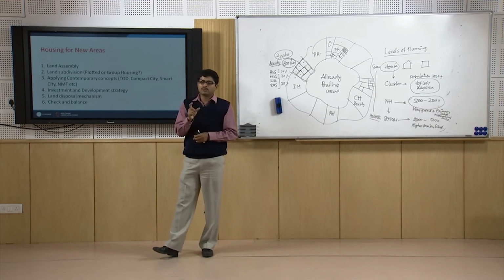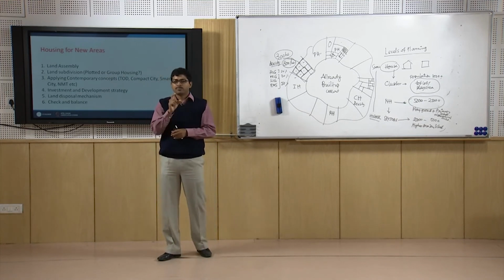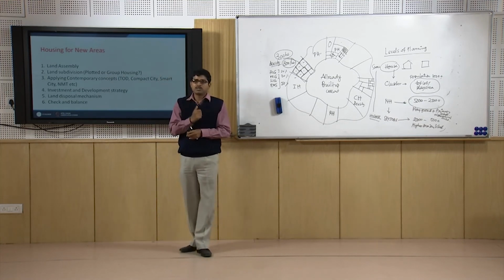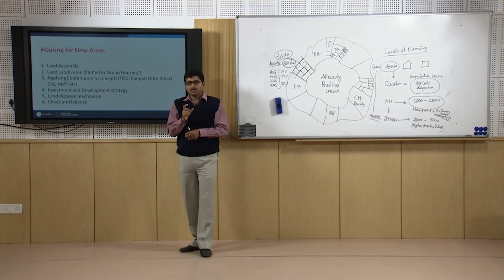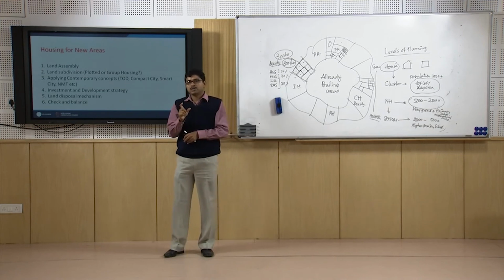For example, in a cooperative housing, if you have a 10 member cooperative or 20 member cooperative, for that particular group, say MIG, middle income group, you have to calculate how much area will be required for a MIG group of 20 or 10 members. Based on that you have to do an architectural exercise, and then you can determine the plot size.